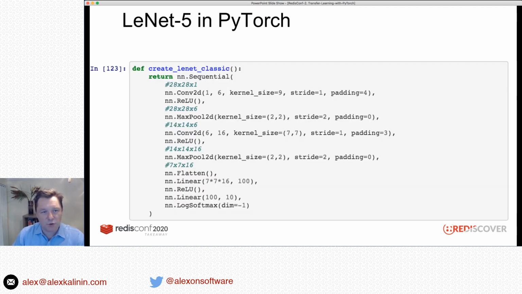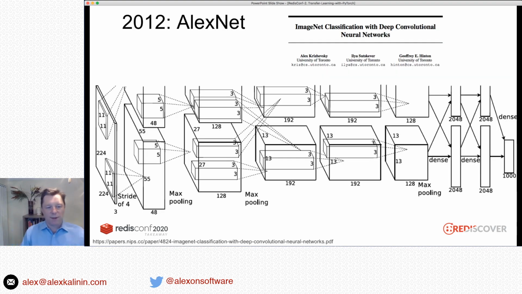Now, there's not much that was going on after 1998, because LeNet was a pretty simple network that could recognize digits, but couldn't really do any more sophisticated processing. Until 2012, when Alex Krizhevsky, in collaboration with other researchers, built a much larger neural network.